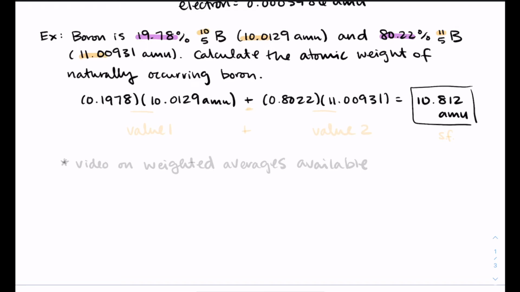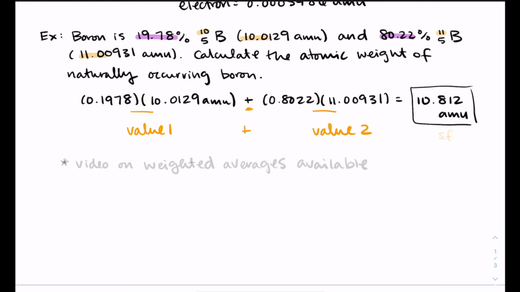Now, I've also got some markers here tracking sig figs. Don't forget about sig figs. So this is a mixed operation. You're going to have to remember your order of operations for tracking sig figs as you go through a problem like this. So when you do 0.1978 times 10.0129 atomic mass units, you're going to need to write that number down because those two values are going to limit your significant figures for the value that you get from that multiplication.